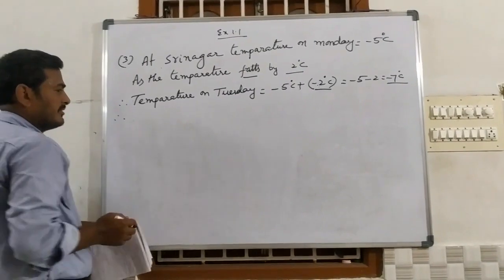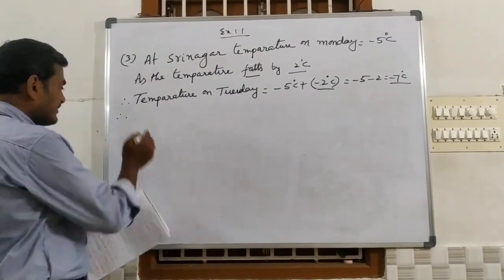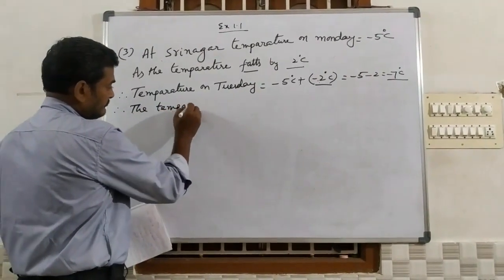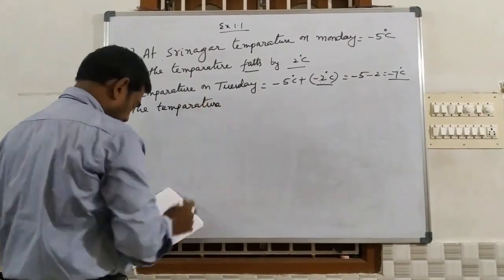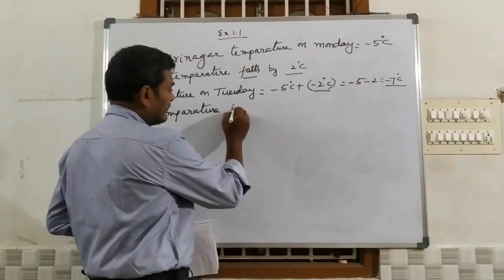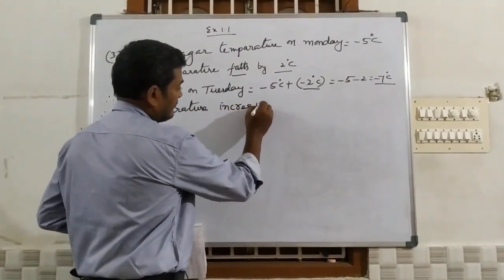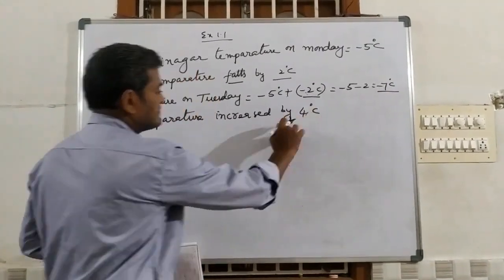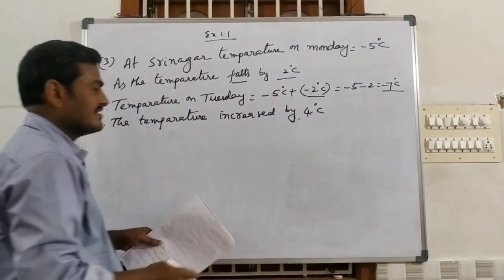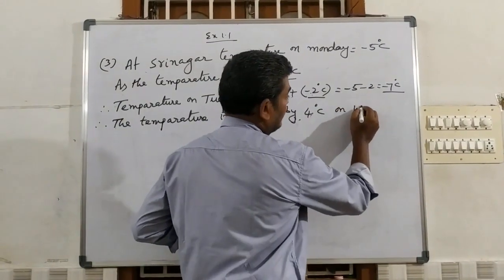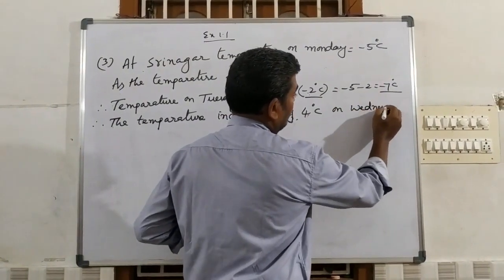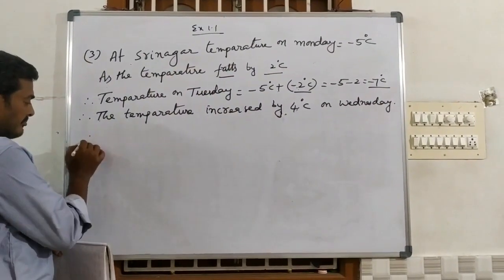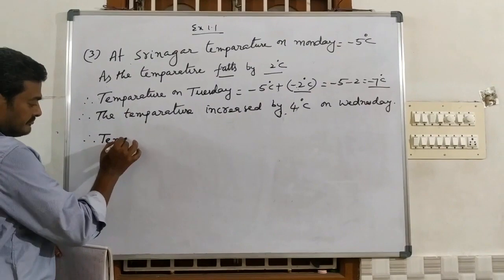Now, next what will happen? The temperature increased by 4 degrees Celsius on Wednesday. Therefore, the temperature on Wednesday.